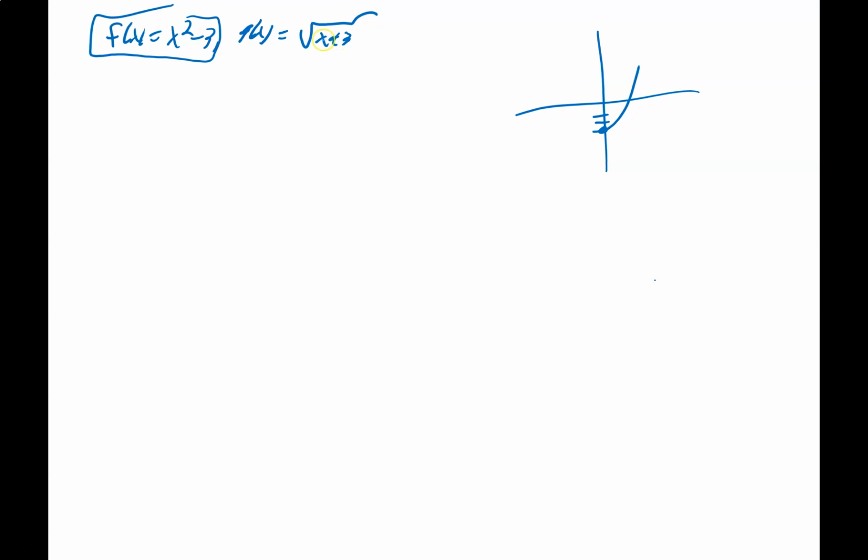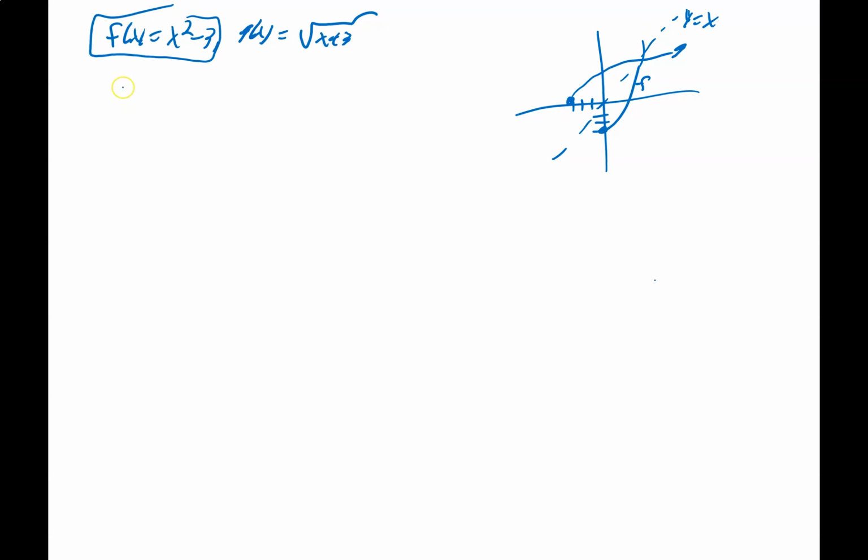And the other one is the square root of x plus 3, so it's 3 to the left. We draw the square root, and they appear to be inverses based on just the graph and appearing to be symmetric across y equals x. That is not proof.